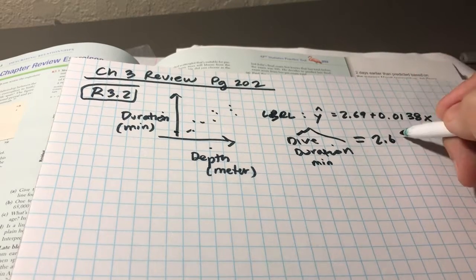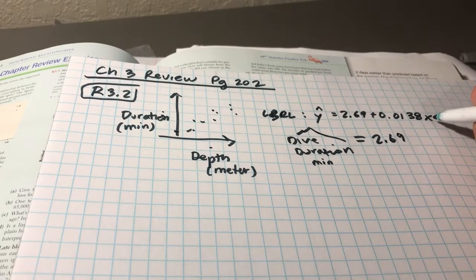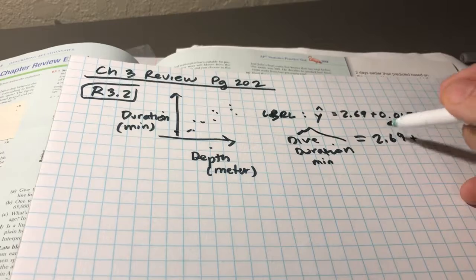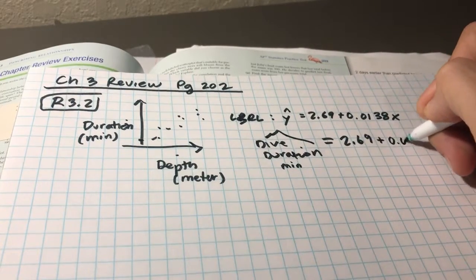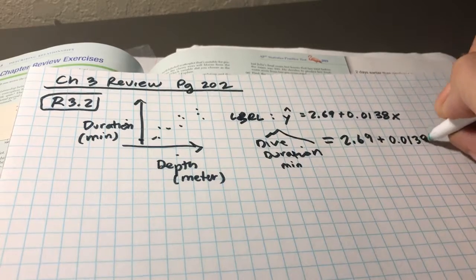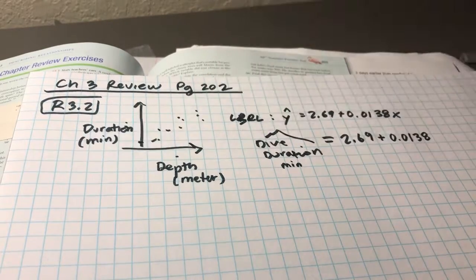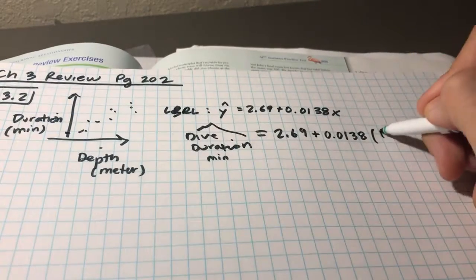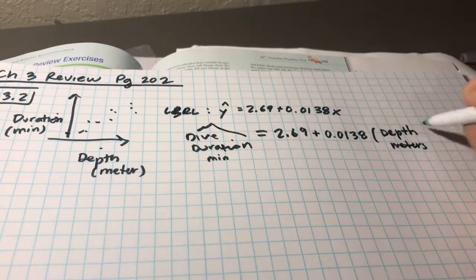Apparently I'm underwater for 2.69 minutes, even though I haven't gone any distance underwater yet. We're going to get to how sometimes the y-intercept has an application and sometimes it doesn't. But at least to get my dots, that's where I need the intercept to happen. And for x, that's my depth in meters.